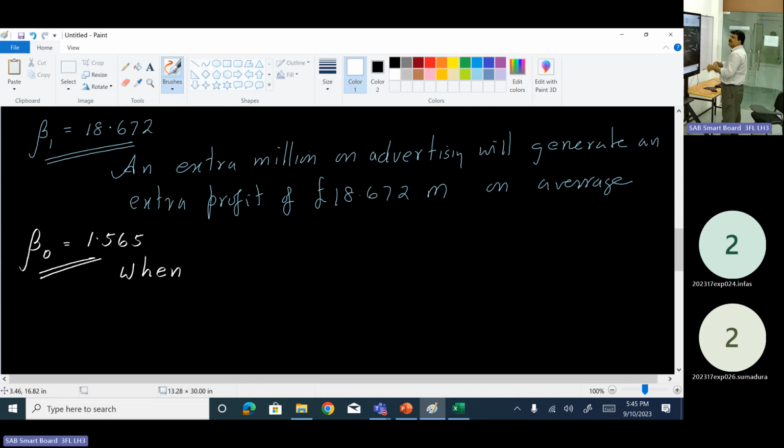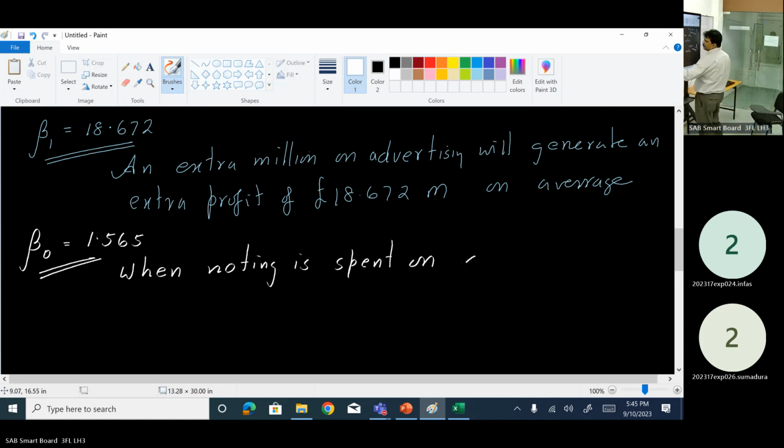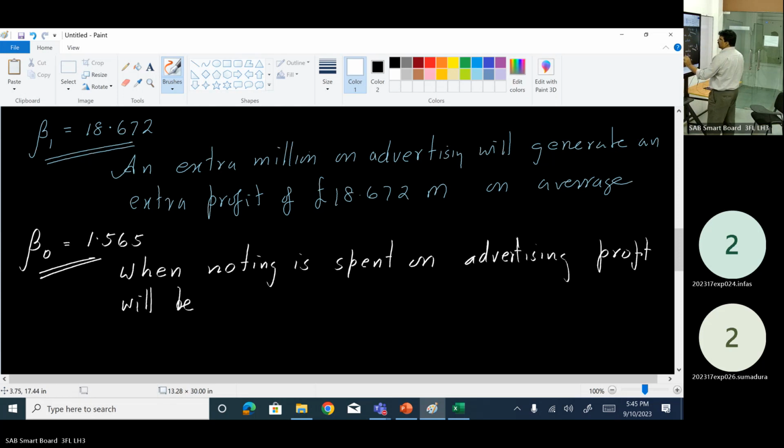When nothing is spent on advertising, profit will be 1.565 million pounds.